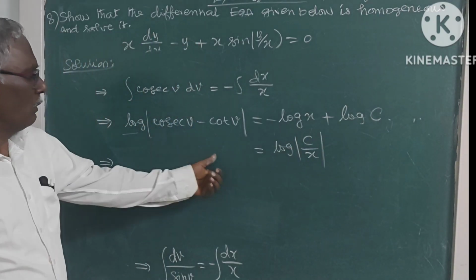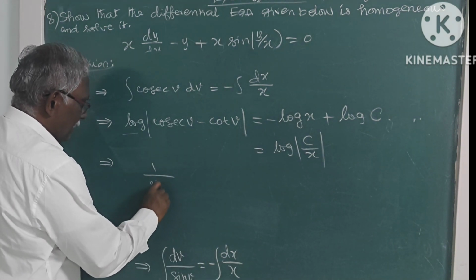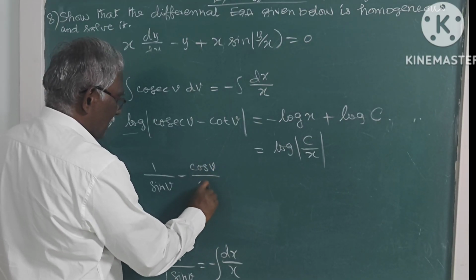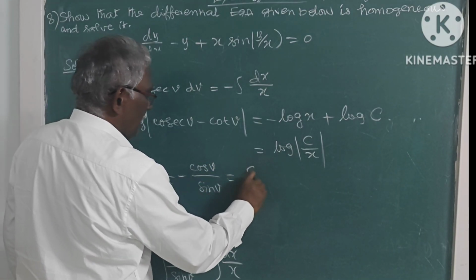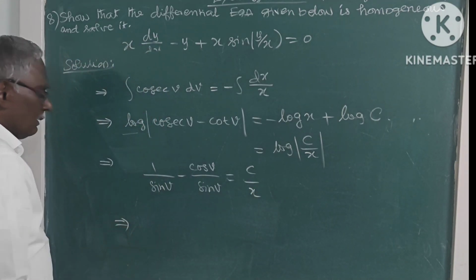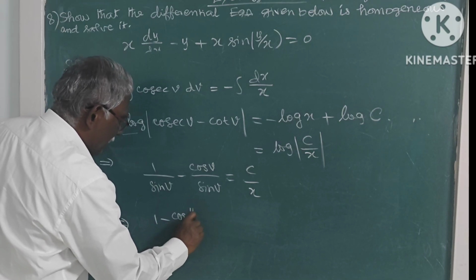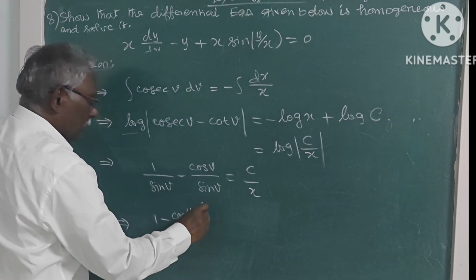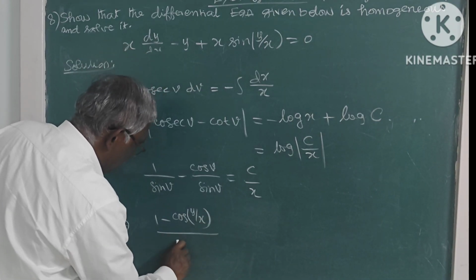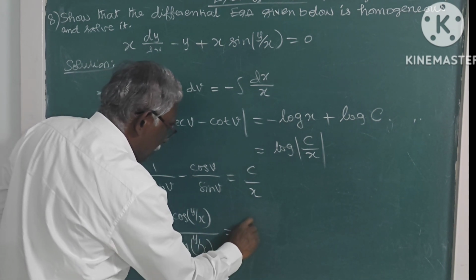So log of this equal to log of that, so we can write this as 1 by sin v minus cos v by sin v is equal to c by x, or 1 minus cos of y by x by sin of y by x is equal to c by x.